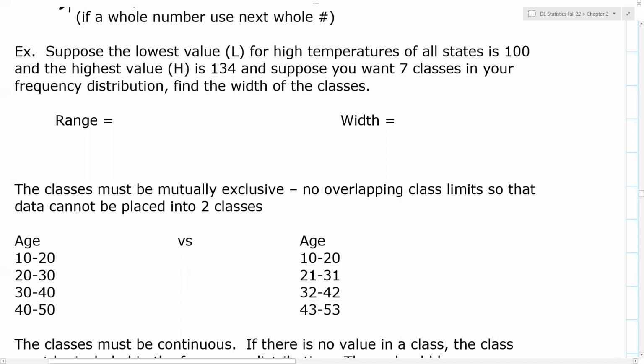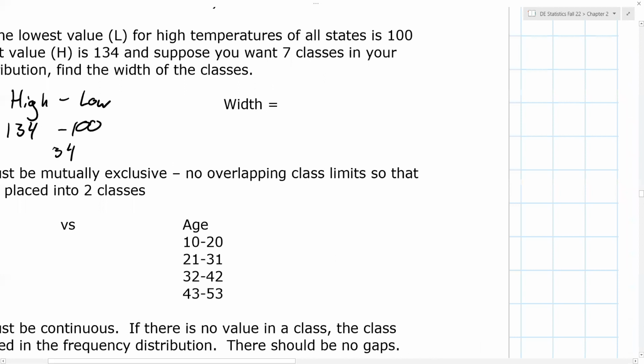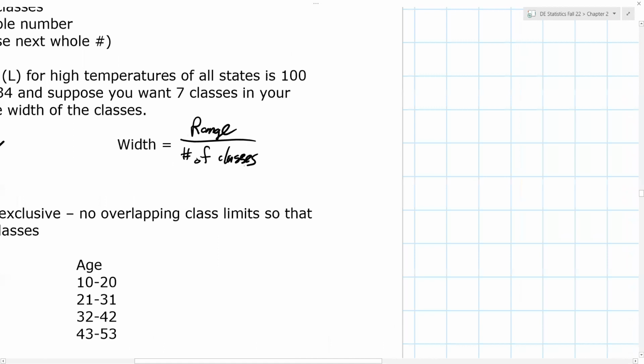So our first step is to find the range. That is high minus low, so 134 minus 100. Our range is 34. To find our width, we take our range and divide it by the number of classes.